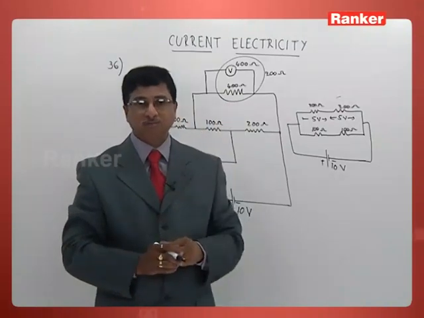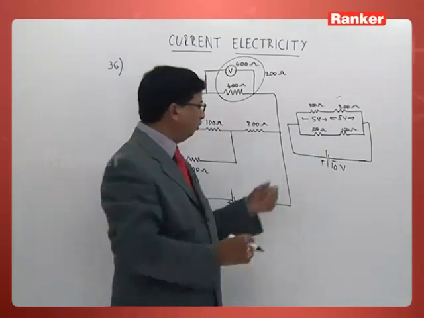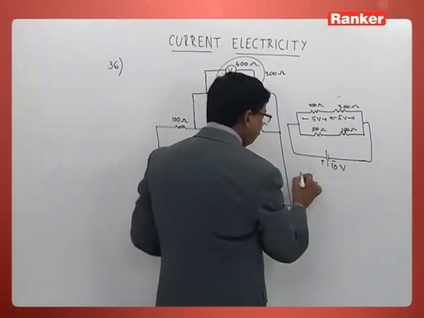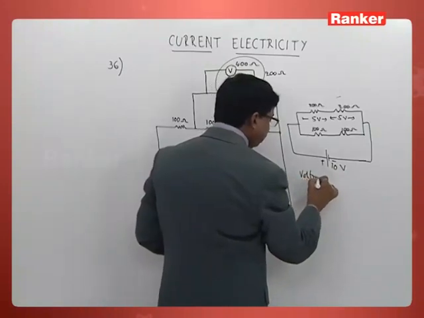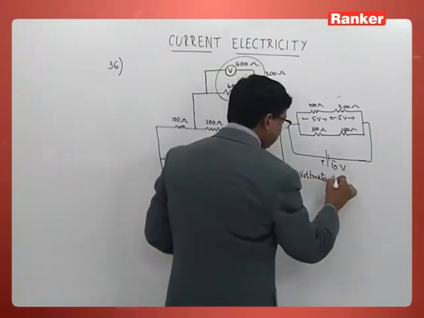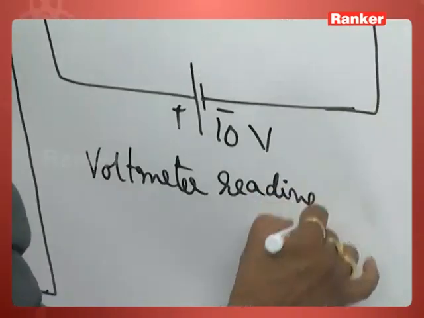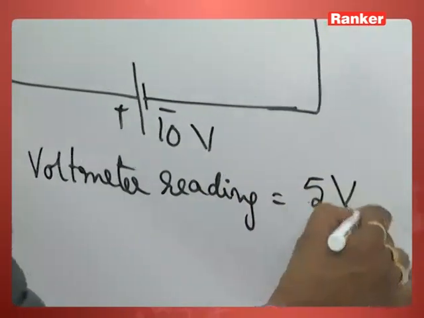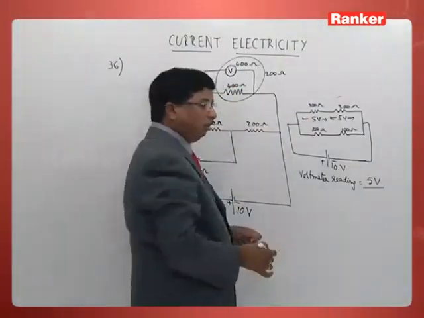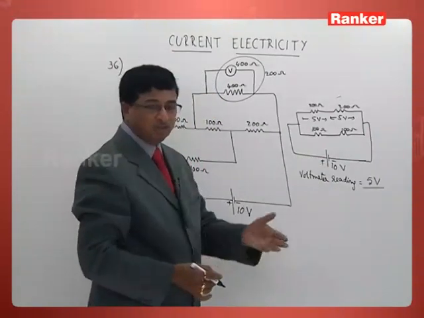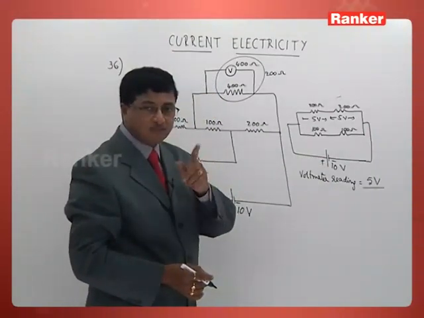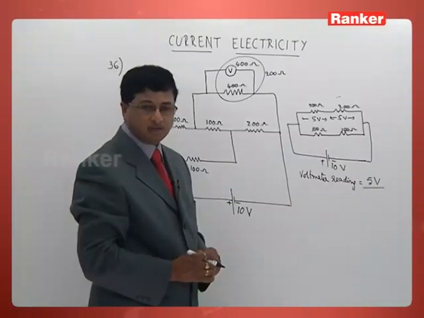So what can we write now? The total PD or voltmeter reading is simply 5 volt. So the voltmeter reading of 5 volt tallies with the first option mentioned there.